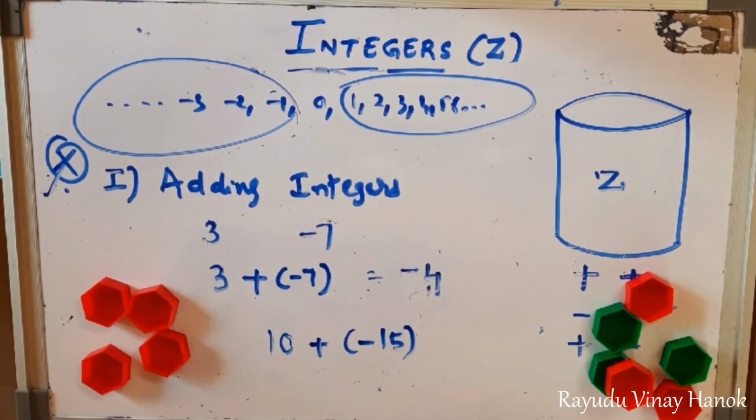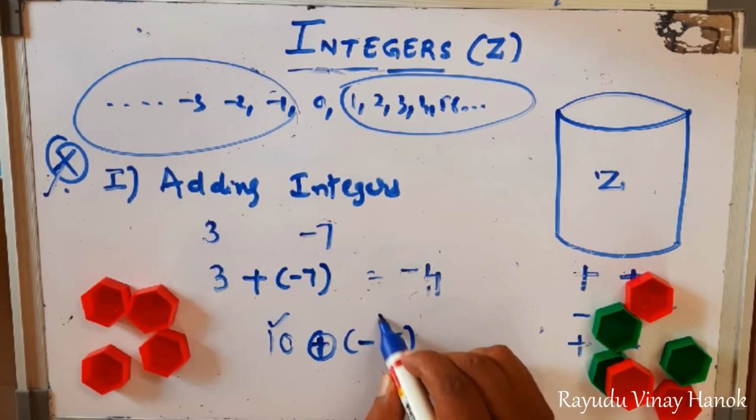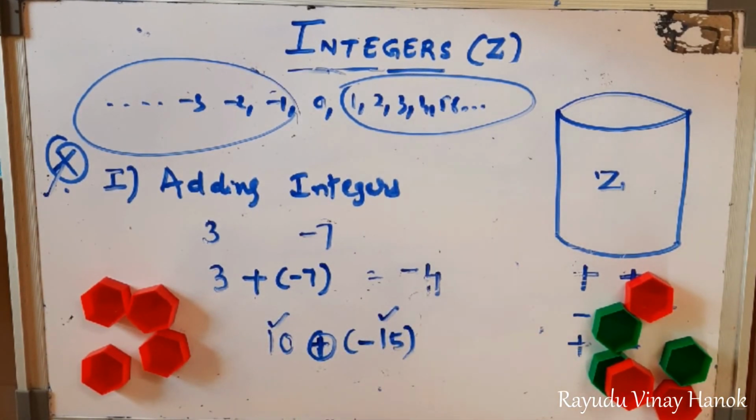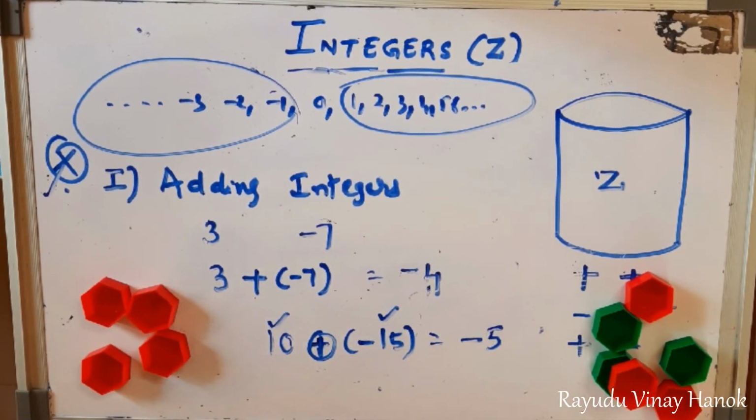You have to understand what the main operation is, plus. So you took 10 minus 15. Since the bigger number is dominating, we are going to have minus. How much dominating? 5, so minus 5. Like that you can learn how to operate on integers.